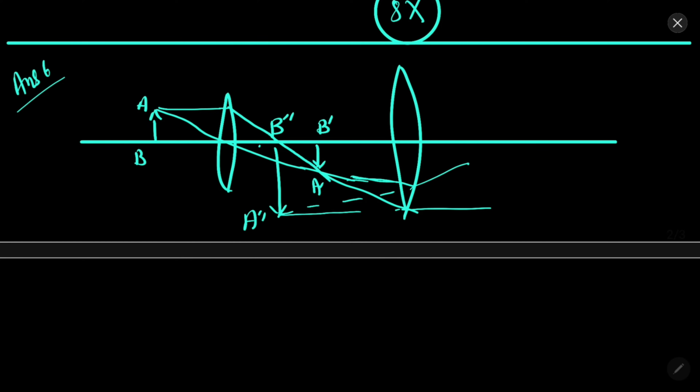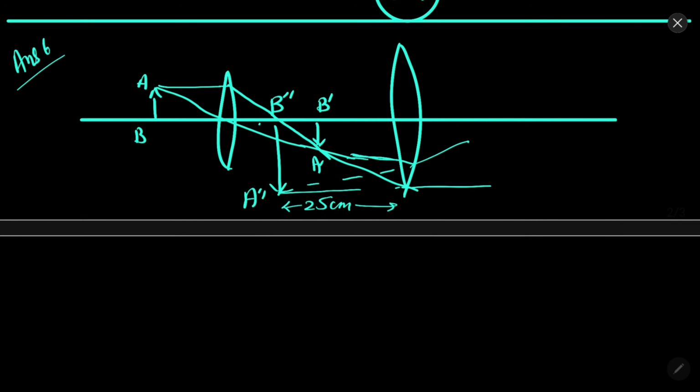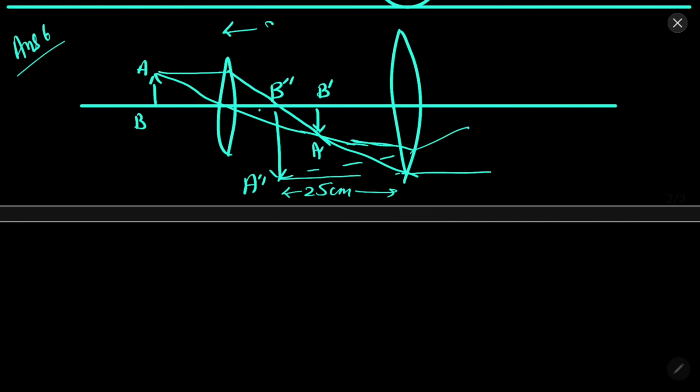Now it is given that the final image is obtained at the least distance of distinct vision, so it will be 25 cm away from the eyepiece lens, because we are observing from the eyepiece, and it is given that the distance between the lenses is 30 cm. So this is the situation that we have. Now what are the other things given? Objective lens focal length is 0.04 meter. How?